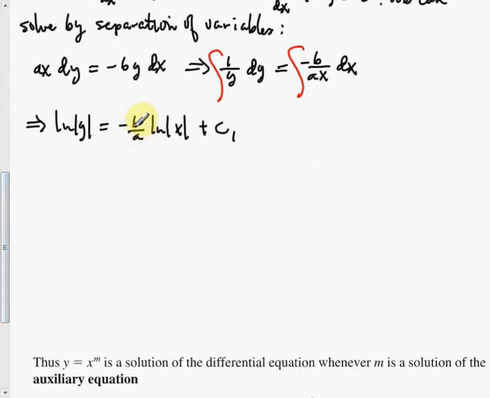And if we add b over a natural log of x to both sides, this implies that we have the natural log of the absolute value of y plus the natural log of x raised to the b over a is equal to c sub 1.